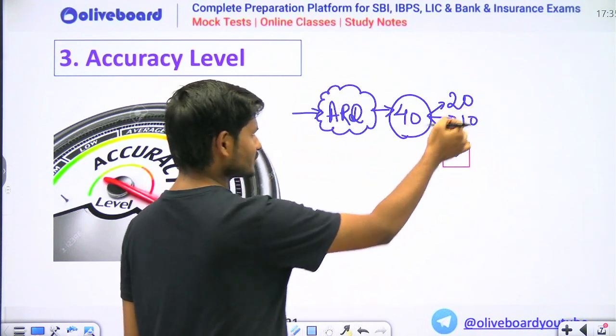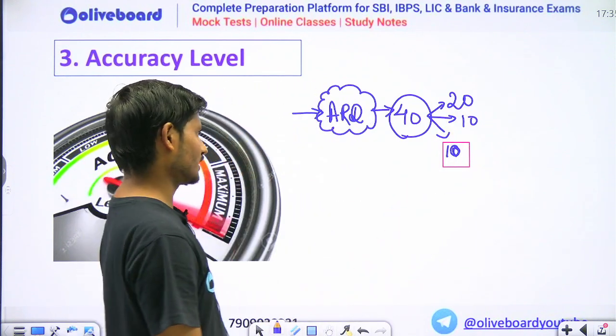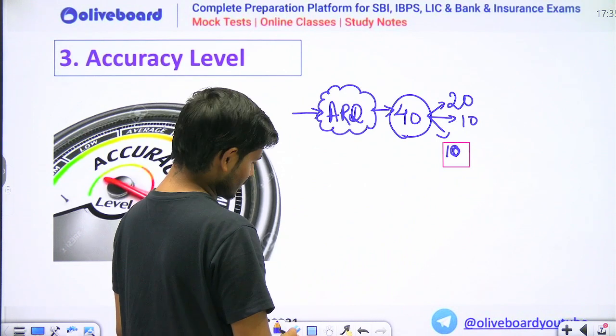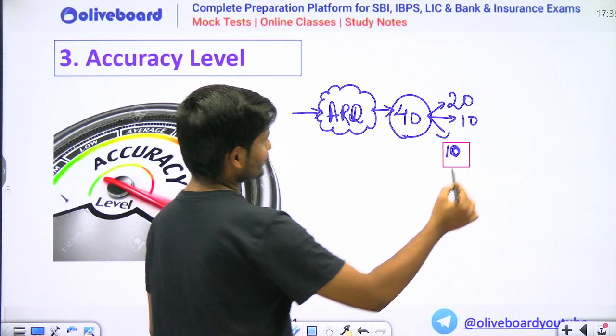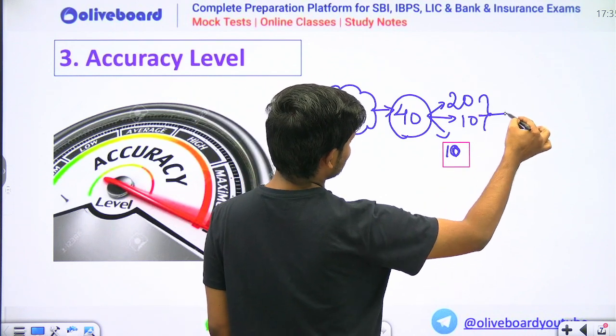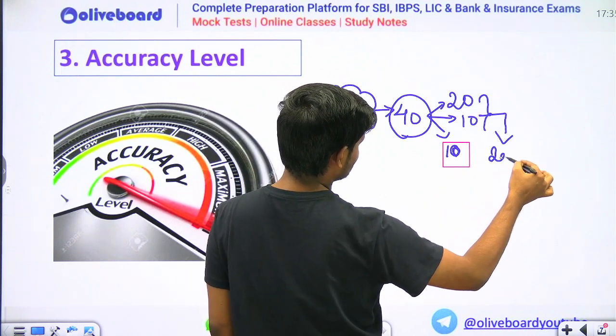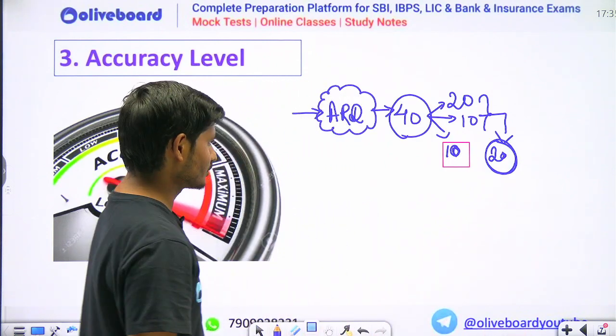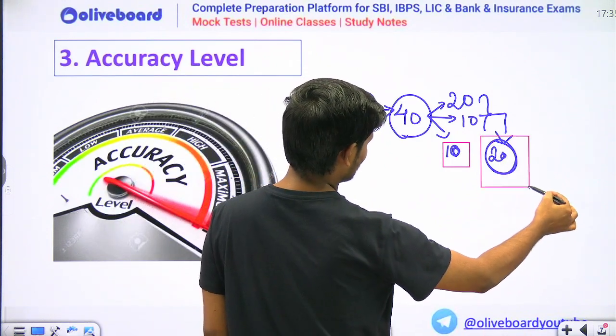And out of the remaining 30 questions, you should at least hit 20 questions accurately. Just focus on these 20 questions very accurately.